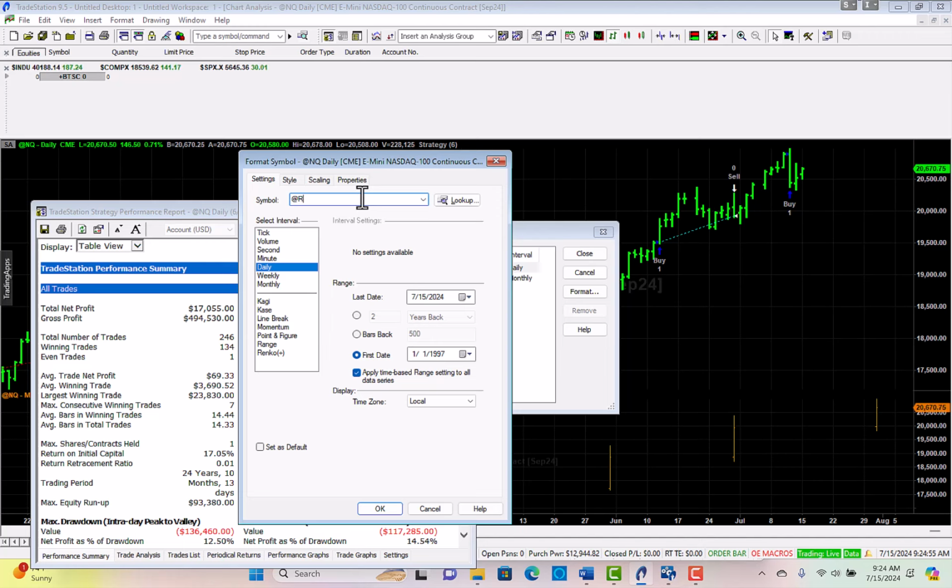Russell. And mid-cap. All right, follow the momentum.